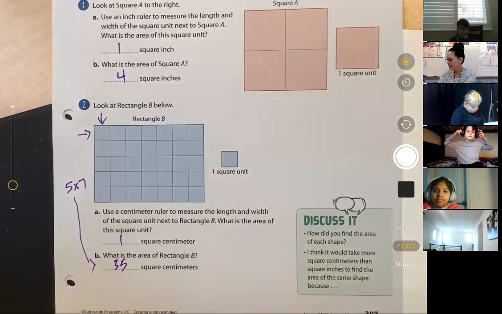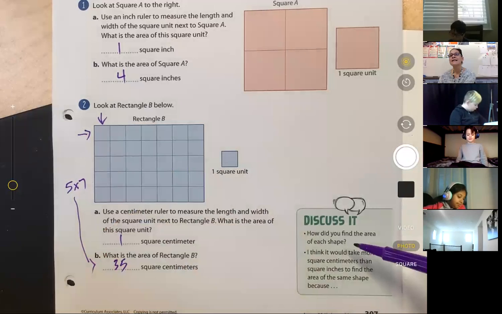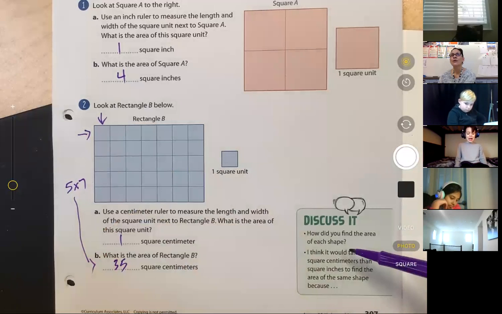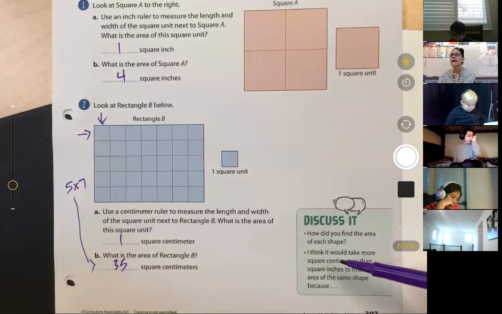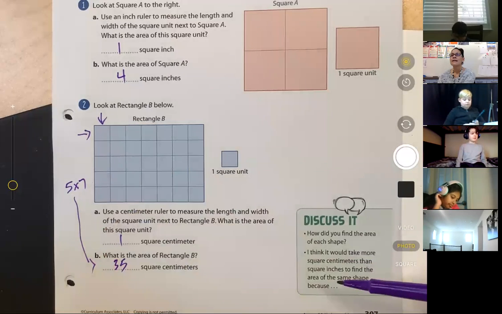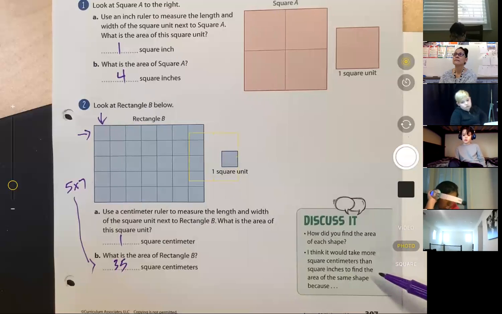All right, let's take a look at this little discuss green bubble over here. It's asking us, how did you find the area of each shape? So of course we counted. We first measured and then we counted. And it's also giving you something to think about. Would it take more time here to deal with square centimeters or square inches?